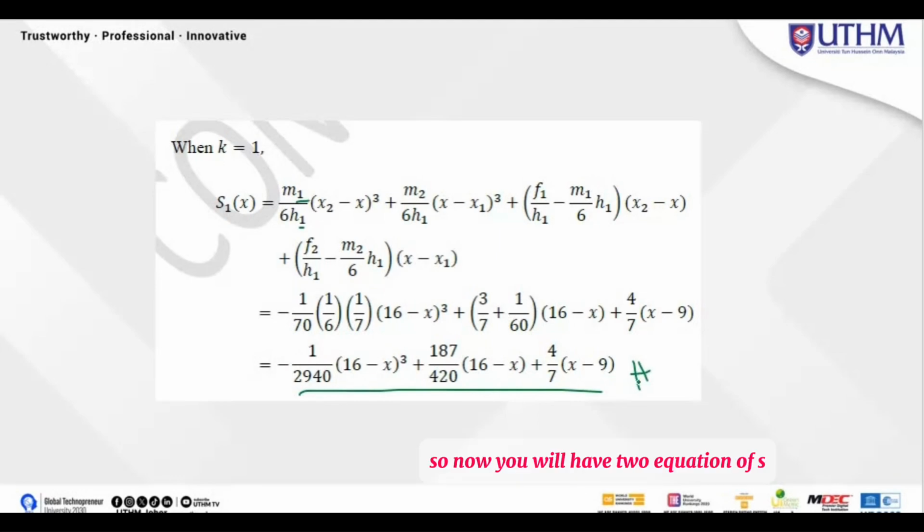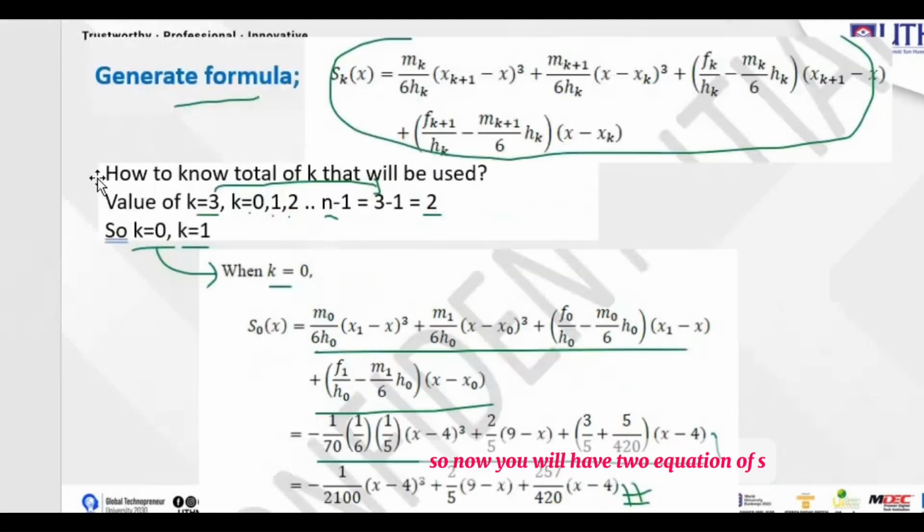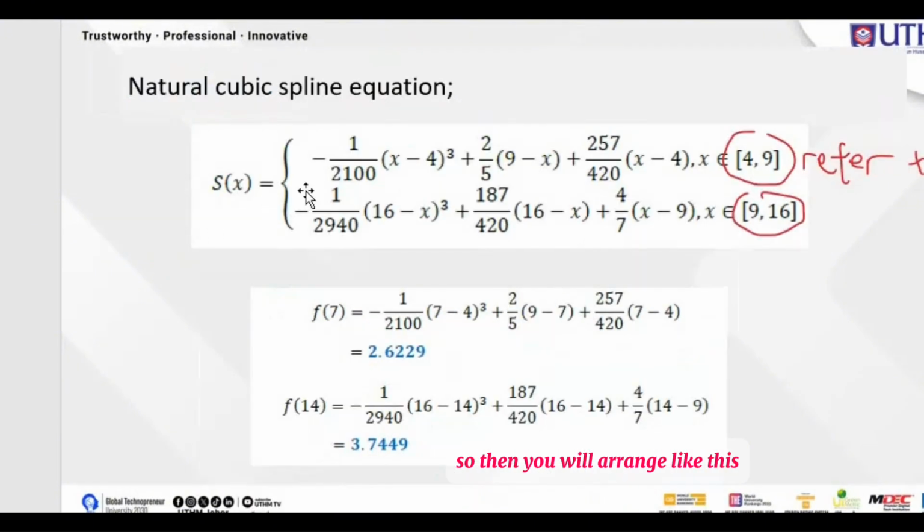So now you will have two equations of S, referring to the cubic spline. Then you will arrange like this. So if you look at here now, if your x is between 4 to 9, you can use this equation. And another, if your x is between 9 to 16, you can choose another equation.